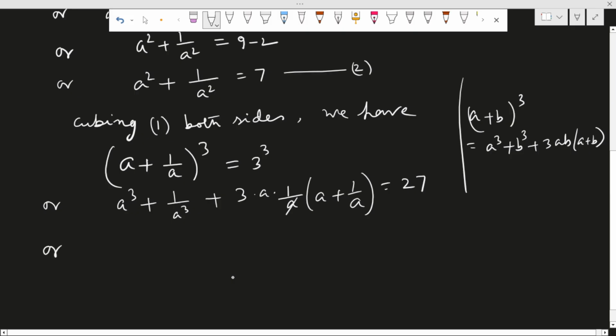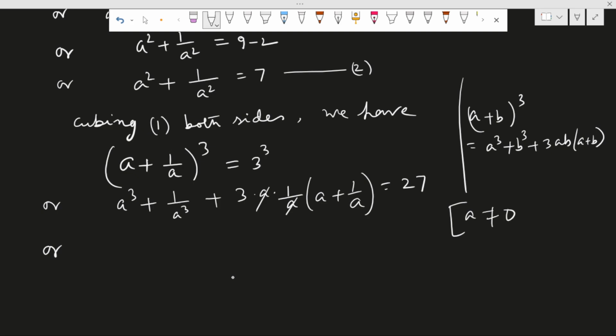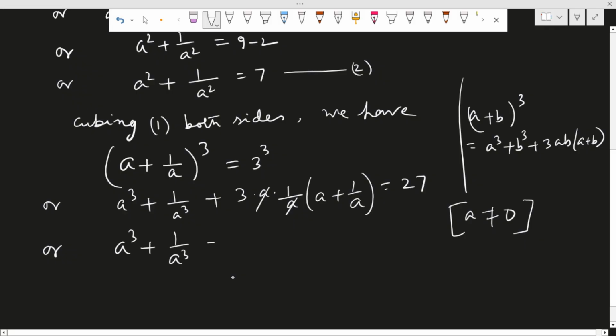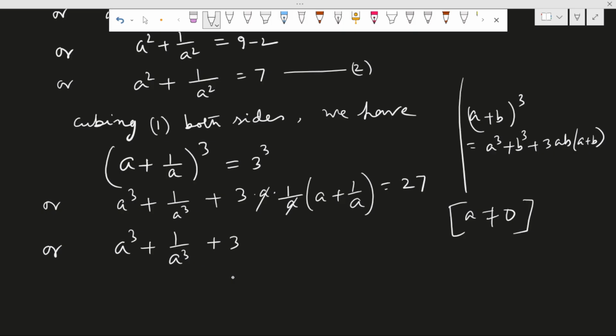Now a cancelled out because a not is equal to 0. So a cube plus 1 by a cube plus 3 times a plus 1 by a, from 1.